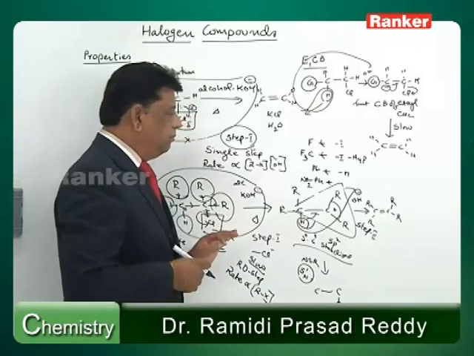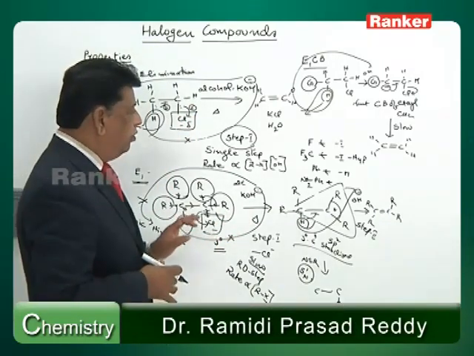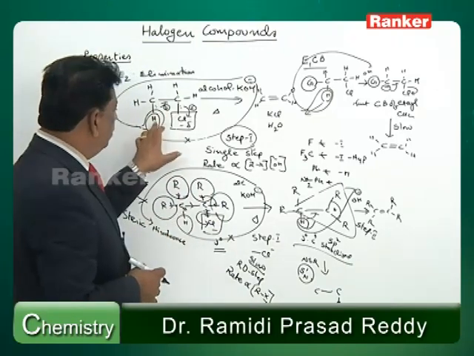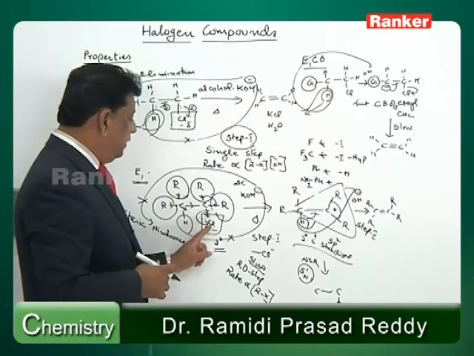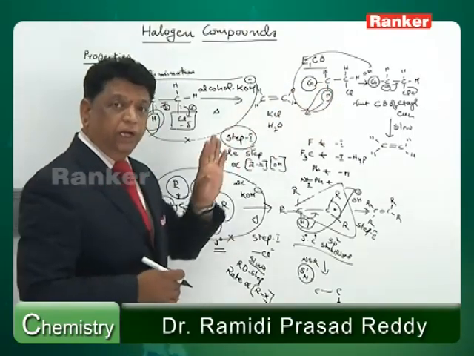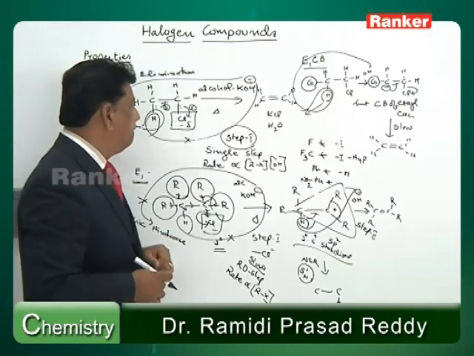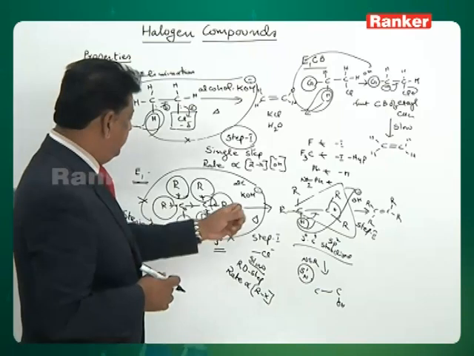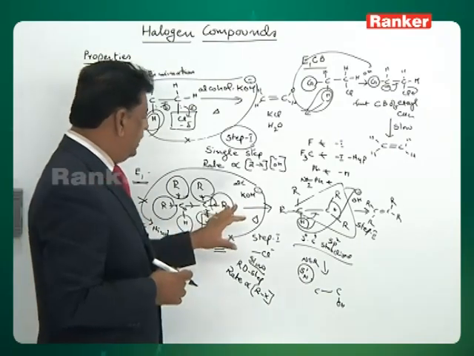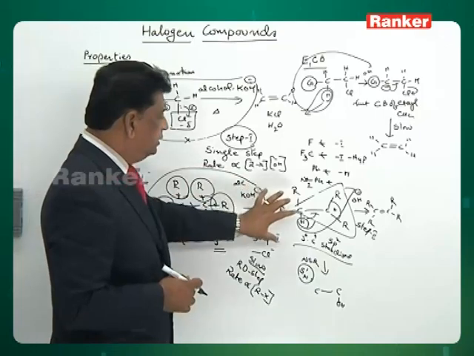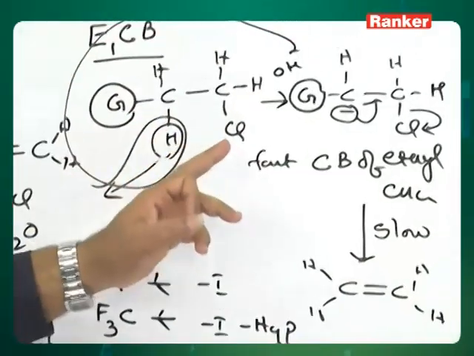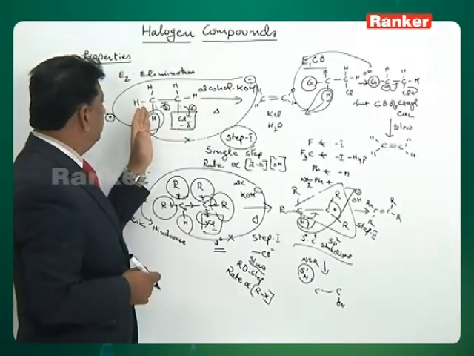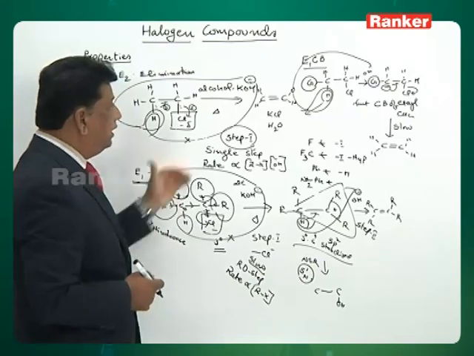The point you must remember is that there are three or four ways of classifying these three reactions. One is both going simultaneously, Cl going and H going, and based on that we can remember, or the rate determining step. Here, only the alkyl halide alone decides the rate in E1, the conjugate base of the alkyl halide decides the rate in E1Cb, and in E2 the alkyl halide as well as the base both decide the rate.